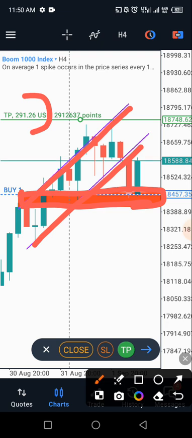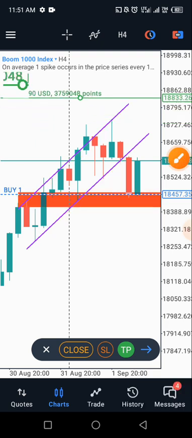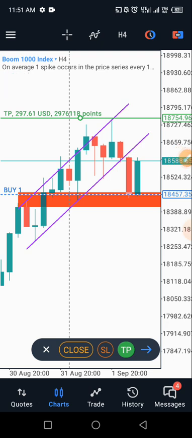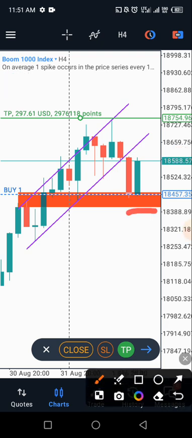We are just going to hold this trade. We are able to put our take profit here at this level, but we are not able to put our stop loss because of the nature of the market. But so far so good, price has been respecting our analysis here.